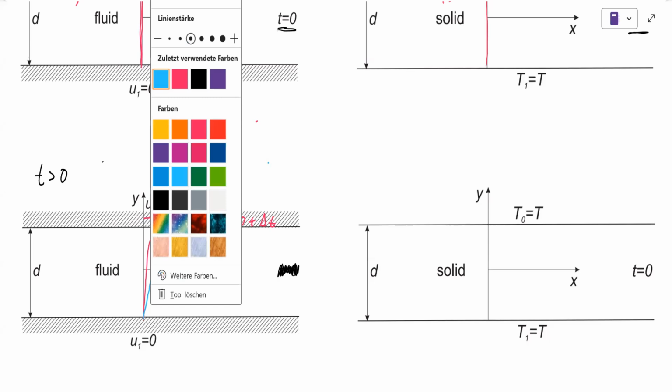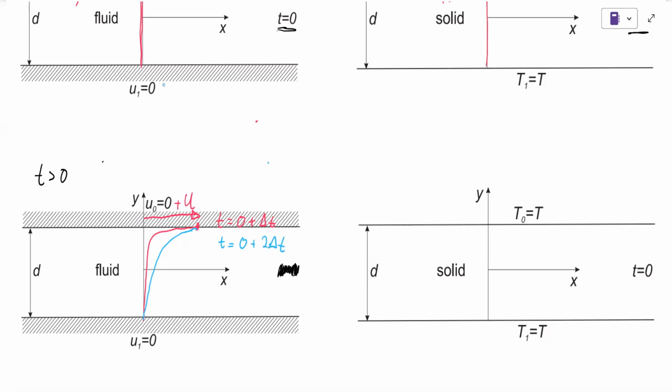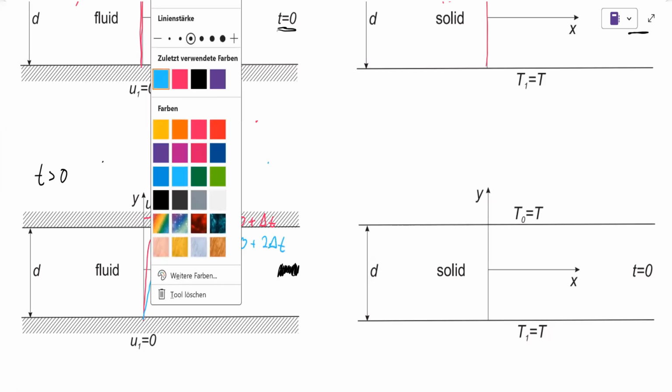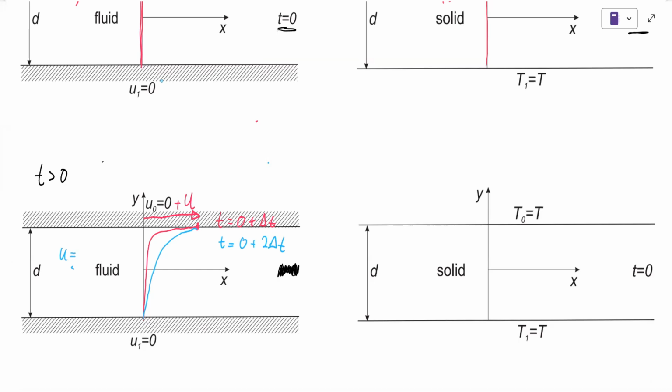This one is t equals 0 plus 2 times delta t, and so on. So we see here a velocity profile that is not 0, but depends not only on y, but also on t, so on the position y and the time t.